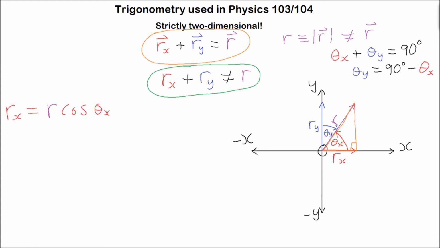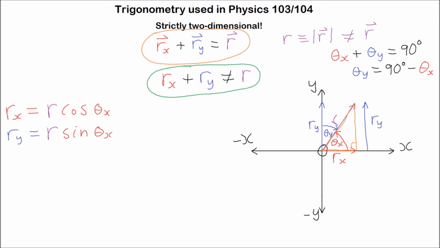So if a side is connected to an angle, it's the cosine. Now the vector Ry has the same length as this side of the orange triangle. So that means that the length of the Ry vector will be the length of the R vector times the sine of theta x, because sine means separate and cosine means connected.